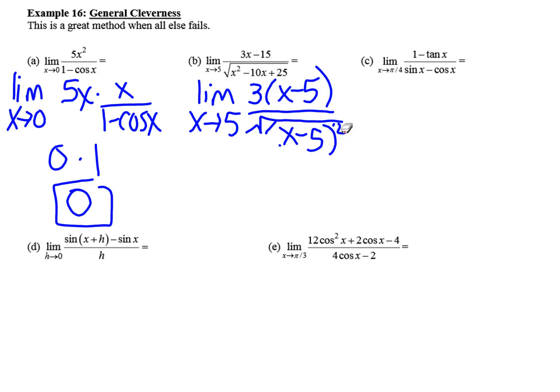Square root of something squared is just that same thing, so I'm going to get rid of this. These cancel out because we don't need to worry about anything at 5, just on the other side. So we get 3. And you get really good at this. It might seem like magic what I'm doing. Okay, but it gets really, really easy the more you practice.